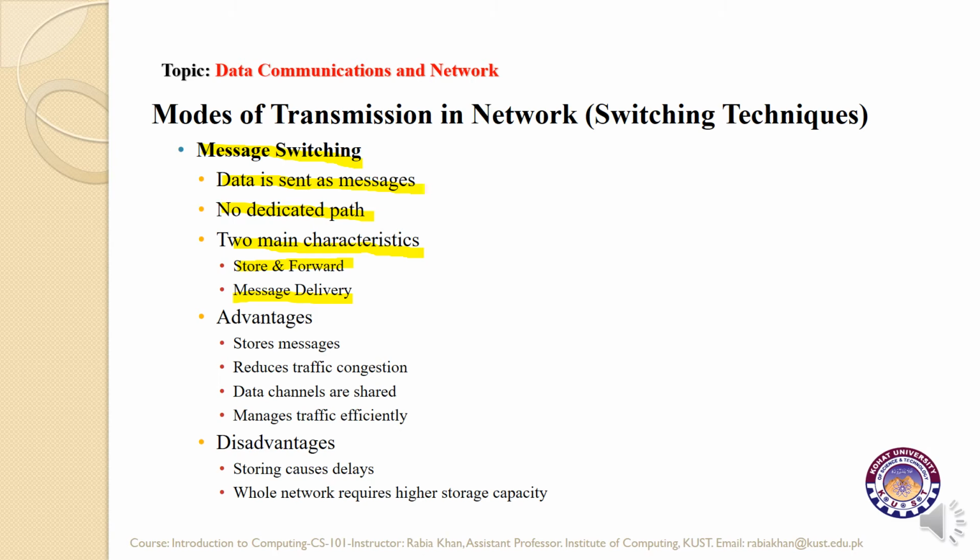The complete information is compiled into a single message, and that message is then transmitted from source to destination. So a complete message is first created and then it is sent from sender to receiver. In order to successfully reach the destination, every message contains the routing information in its header section.